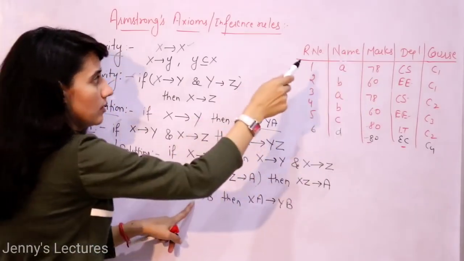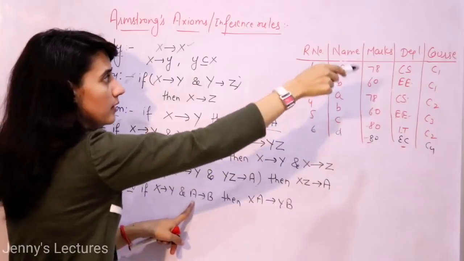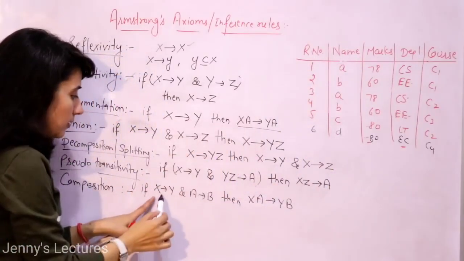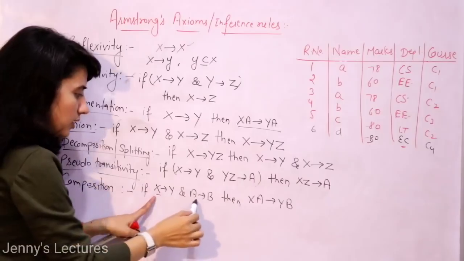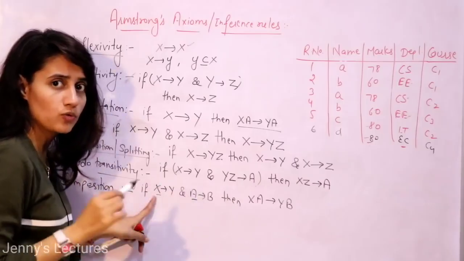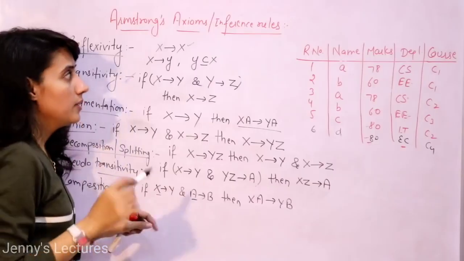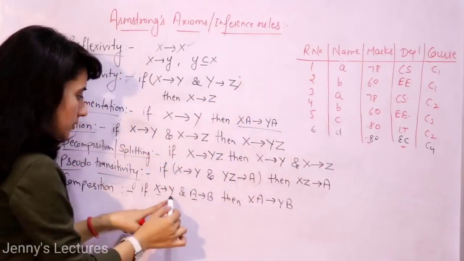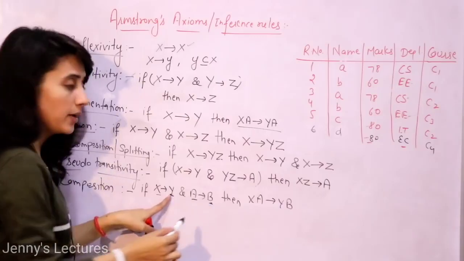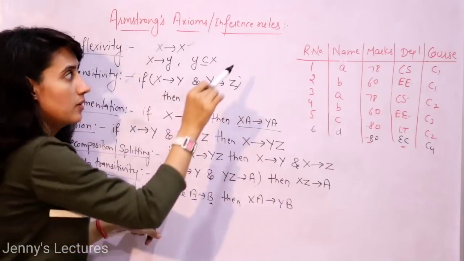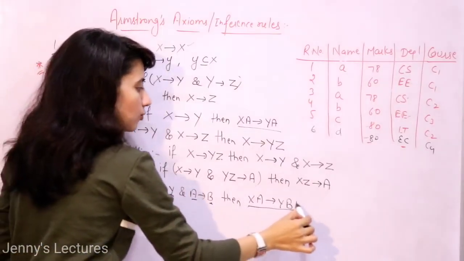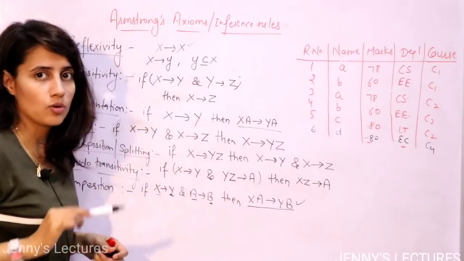Second, suppose marks, department determines course, right? So what you can write? You can combine the determinants of both functional dependencies, means roll number, marks, department will determine, combining the dependents of both functional dependencies, name and course, right? This would definitely be true according to Armstrong axioms, right?